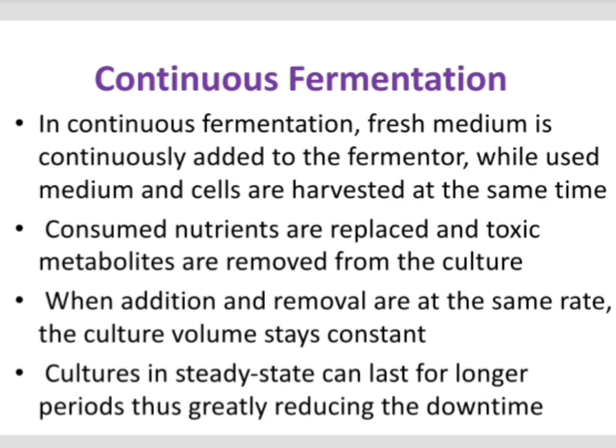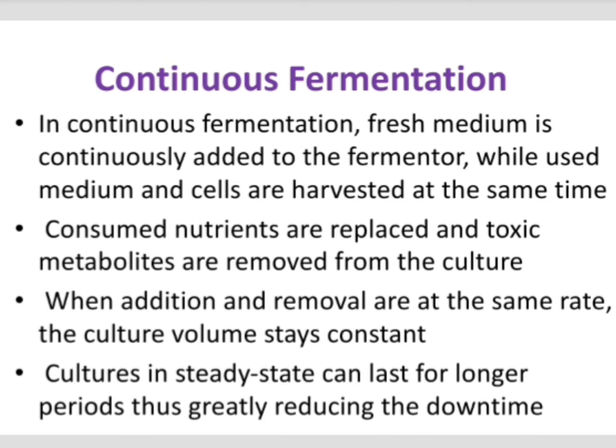So while we are taking some used nutrients, along with them we will get microorganisms also, and along with the microorganisms we will also get some of the products produced by the microorganism. We are carrying out this fermentation for extracting the products or secondary metabolites from the microbes. So when we are taking some used nutrients from the medium, we get used nutrients along with microorganisms and products produced by the microorganism.